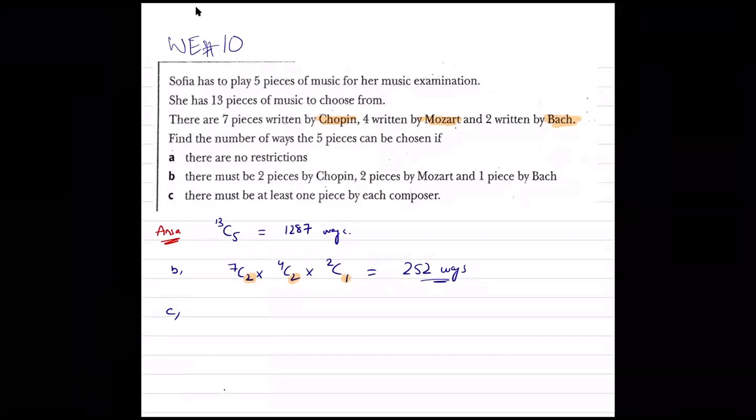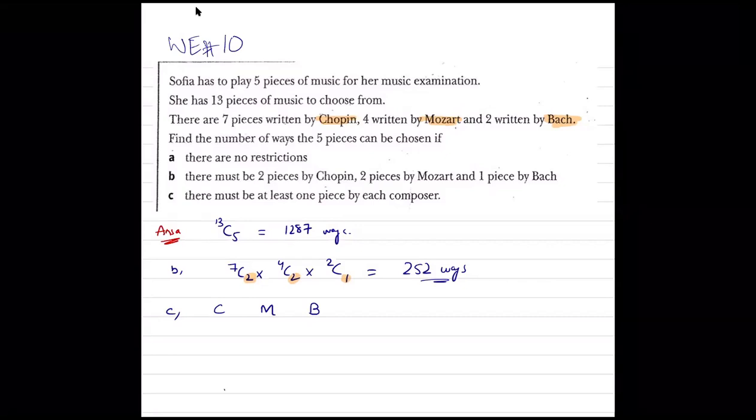All right. Any suggestions how to go about this question? So would it be 7C1 or 7C2 or 7C3 and so on till we reach 7C7, and then we go for the other one and do the same thing? Basically, we have to have at least one piece by each composer. So again, there are going to be some cases.